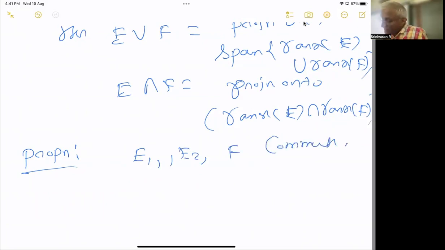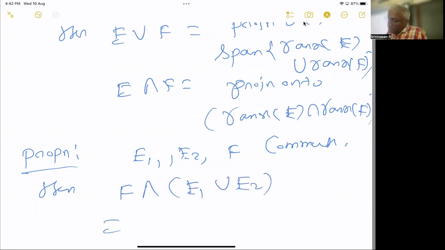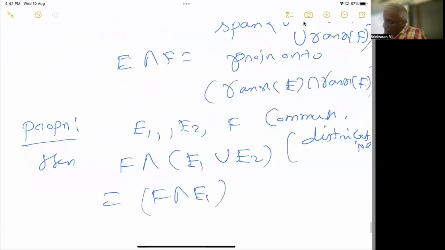Then F (E1 sup E2) equals F E1 sup F E2. This is the distributive law holds.